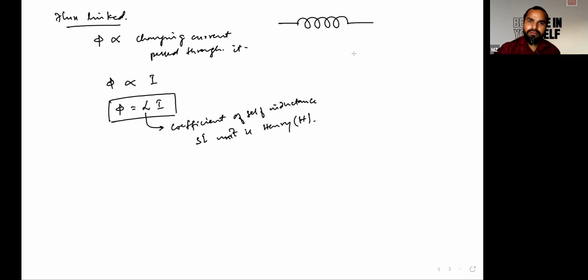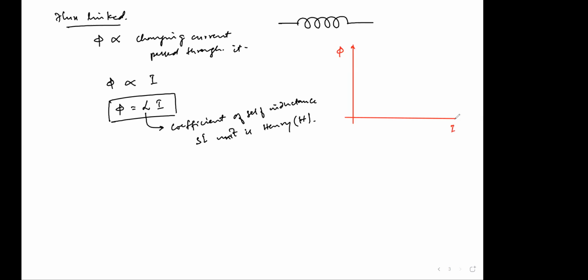So what would be the nature of the graph of flux versus current?